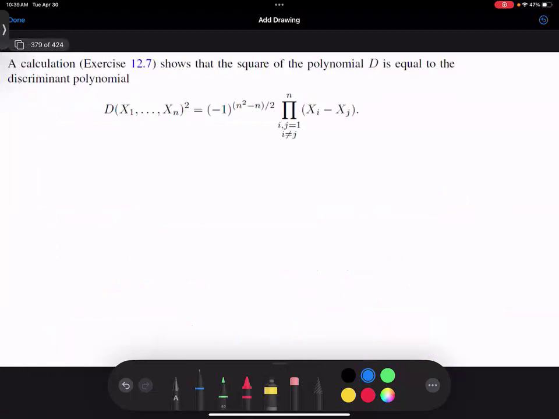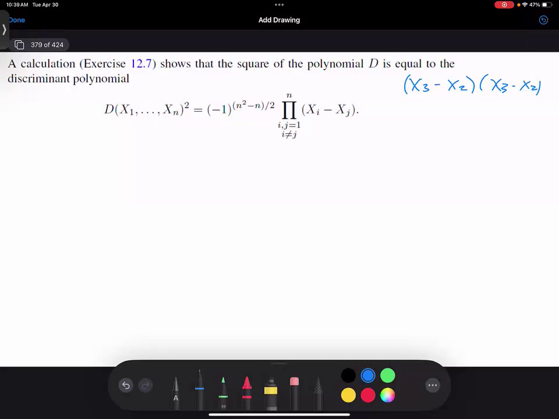And so a simple calculation shows that the square of d is equal to the following. And if you think about what was going on, if we squared d, let's say we had something like x3 minus x2, x3 minus x2. That's what we get when we're squaring things in d.